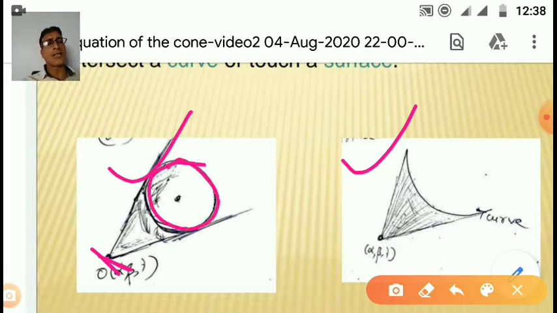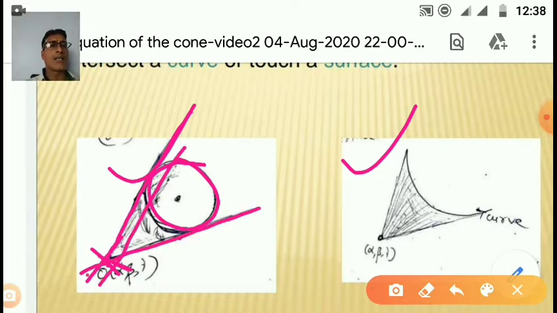Which surface have we taken here? Here we have taken a sphere, the surface of a sphere. So you can draw a straight line passing through this fixed point and touching this surface. Also you can draw here also. Not only these two, you can draw infinitely many straight lines around the surface of the sphere.